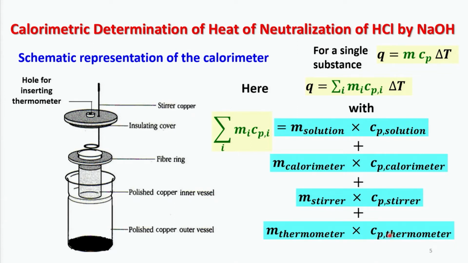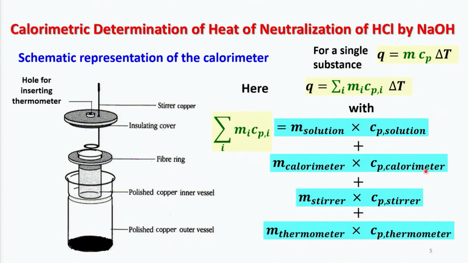So, when you go and do this experiment in the laboratory, all these quantities, that is the 4 masses, you can independently measure. And you can either find out the C_p of the solution from literature, or since I have used copper as the material for the calorimeter and stirrer, I know what the C_p values are going to be, and we can use the C_p of the thermometer from the available data that is provided with the scientific thermometer.